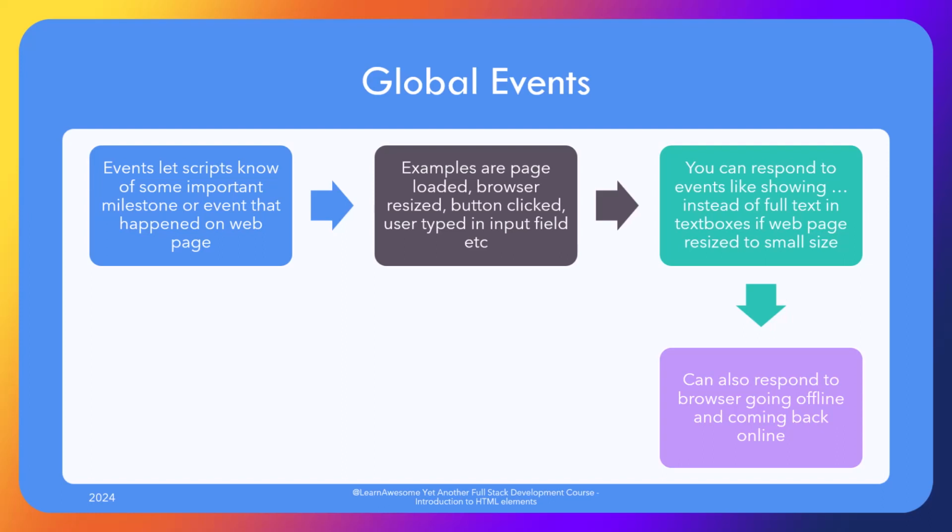And there's onresize, which lets you know that the user is meddling with the browser size, and you can manipulate your elements accordingly to the new size, like hide some elements, make text smaller, or add ellipses to some text elements which had lengthy text earlier which no longer fits. Ononline lets you run some scripts if the browser goes in offline mode or comes back online from a network failure, so you can respond on your web page accordingly, like let the user know he can no longer submit a form or query items from the web server by showing an alert message.